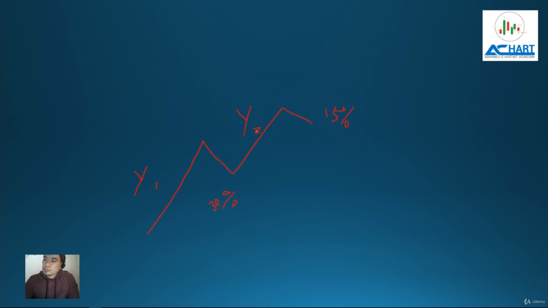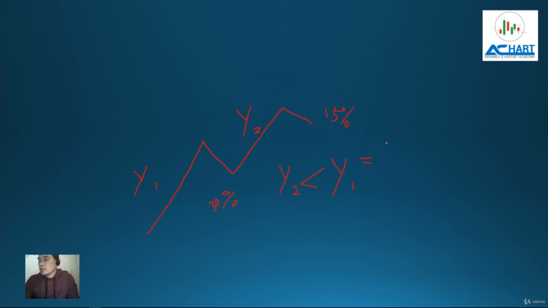So in this case, when you analyze, you can see that Y2 is less than Y1. So what we conclude is that the line is a weak trend for uptrend.